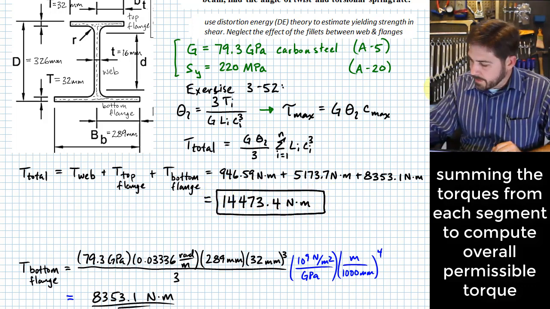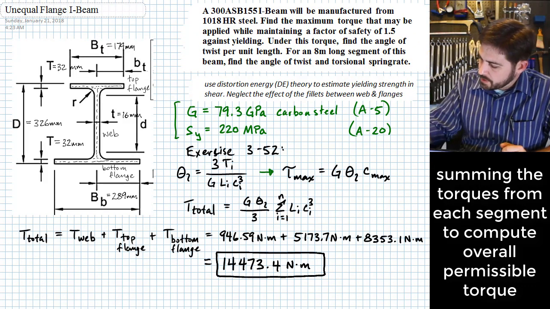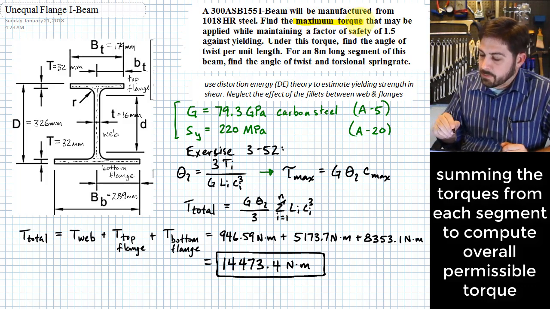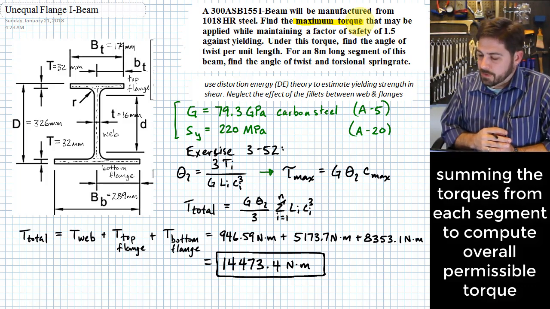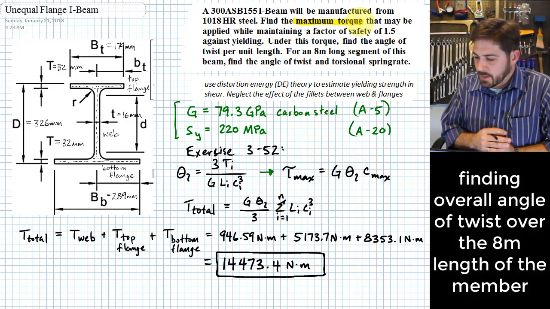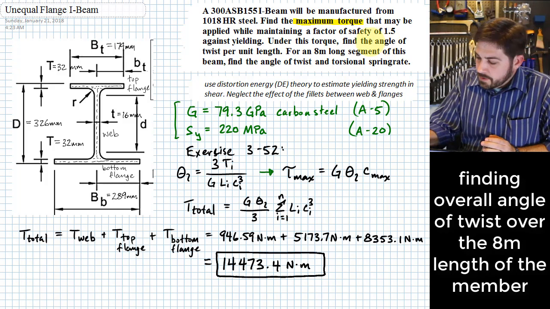And so that answers one of our questions that we had up here. That question that we just answered was, what is this maximum torque that we can apply before reaching or exceeding this 1.5 factor of safety? All right, so we figured that part out. We actually, along the way, figured out what the angle of twist per unit length was.